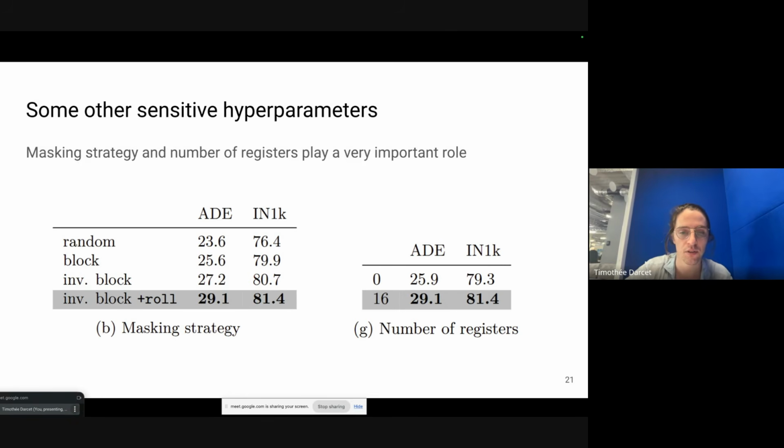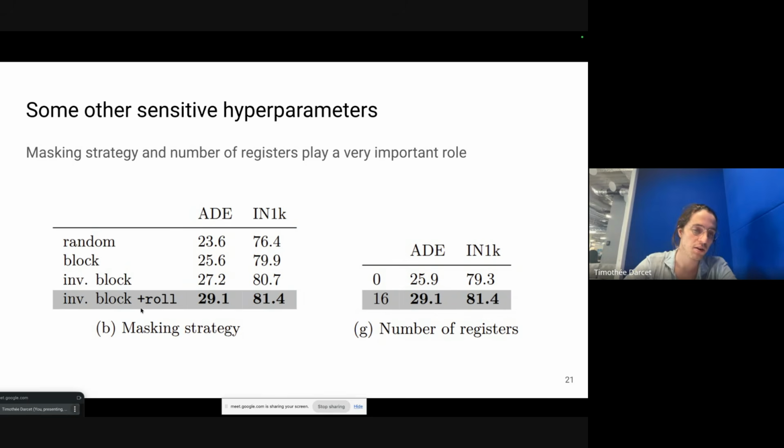Finally, a few other sensitive hyperparameters that we might discuss. Again, you might say it's not really part of the method because it's such a small thing, but it actually makes a lot of difference. How do you mask? So masking randomly, masking by block, masking by inverse blocks, meaning you just keep a block and you mask everything else, and possibly adding a roll.